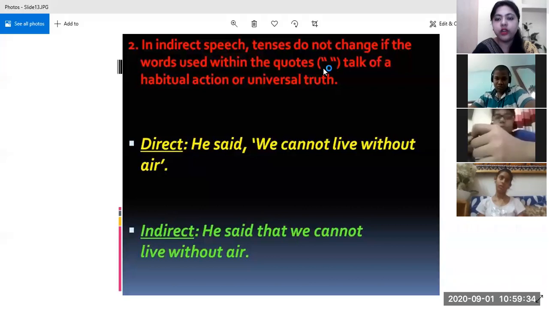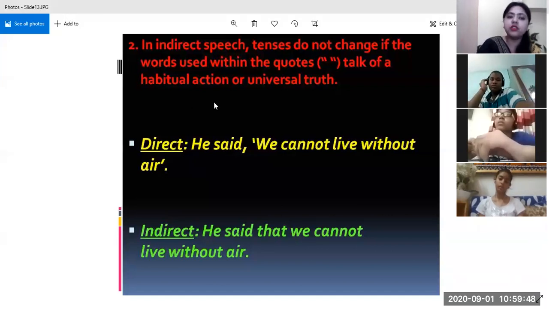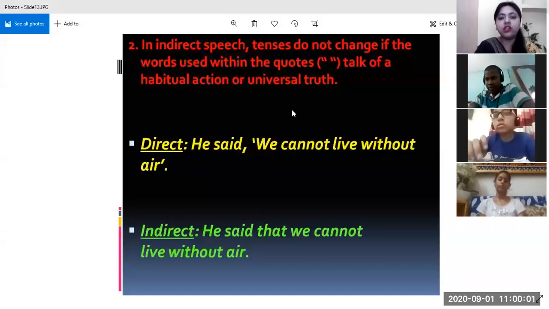We do not change a universal truth, such as honesty is the best policy, into the past form. And also the habitual action, which is the routine work of somebody, also doesn't change. For example, someone goes to the market every weekend, so that is a routine thing. So we do not change a universal truth or a habitual action into the past tense.